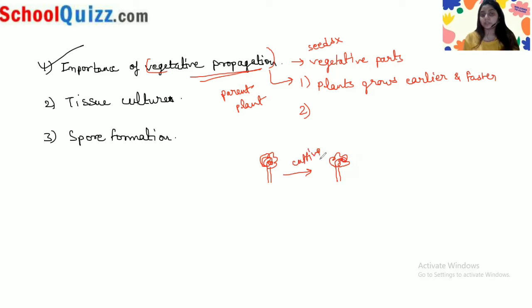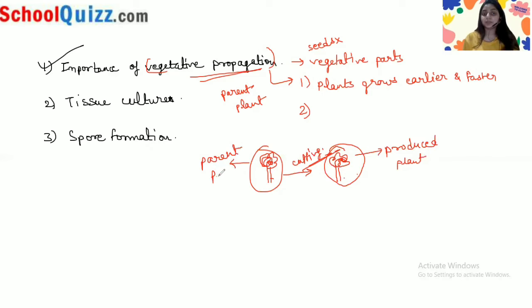You take a stem of this plant and sow it in the soil, and after a few days a rose plant is produced. So this is the produced plant, and this is the parent plant. The characteristics of the produced plant will be similar to the characteristics of the parent plant.